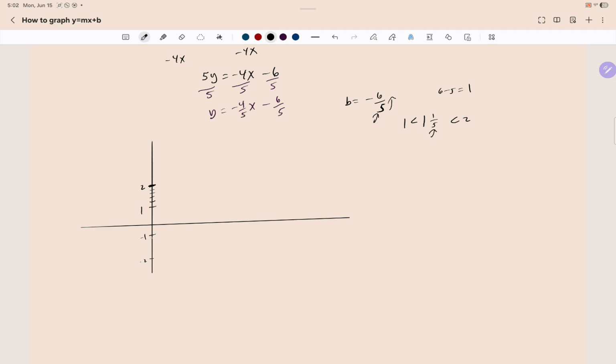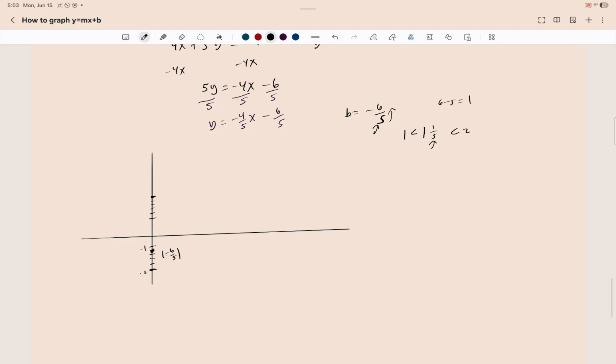We go 1, 2, 3, 4, and 5, and we include the endpoint of the next number. Now it's 1 and 1/5. Here I have 5, but it's 1/5, so I want one of them. So this is going to be my y-intercept, which is negative 6/5.